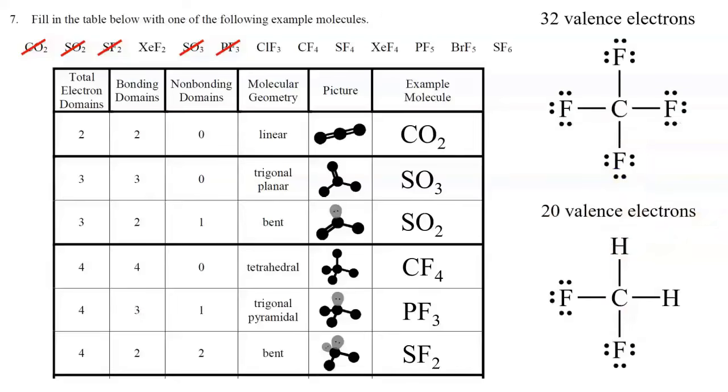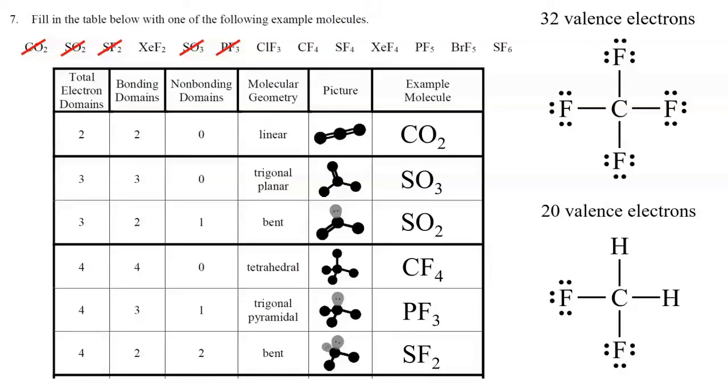So for example, the top structure is CF4, which has 32 valence electrons. The bottom structure is CH2F2, which has a total of 20 valence electrons. They both contain 4 bonding domains and 0 non-bonding domains, but the reason why 20 is not a multiple of 8 is because the hydrogen atoms in that Lewis diagram do not have a complete octet.